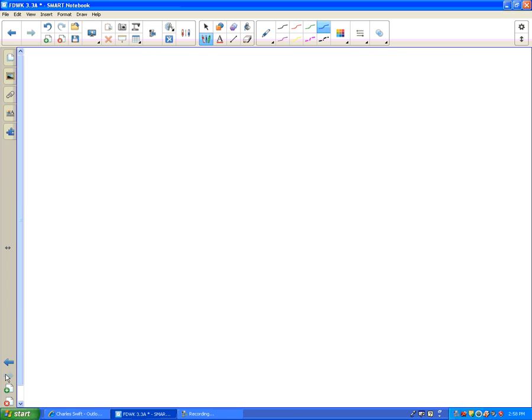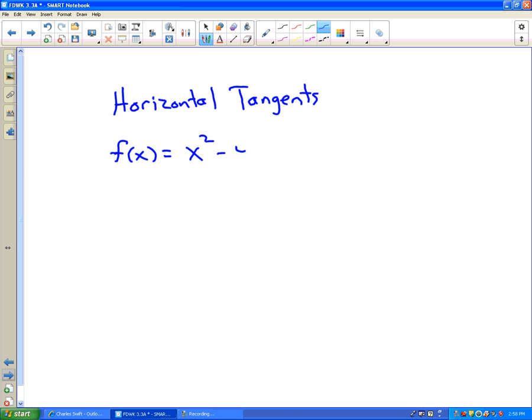Now, if we want to find where we have horizontal tangents for a curve, what we're going to do is first take the derivative of our function. So let's say we have x to the second minus 4x plus 3. And look at the derivative.